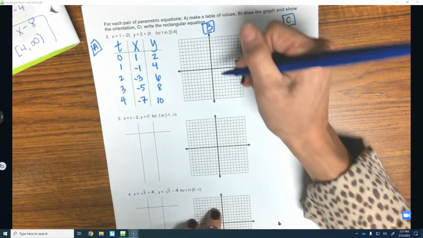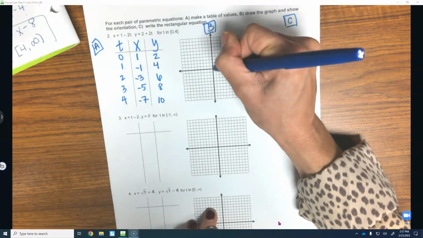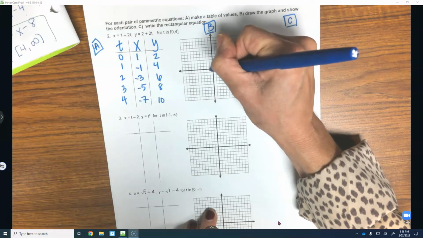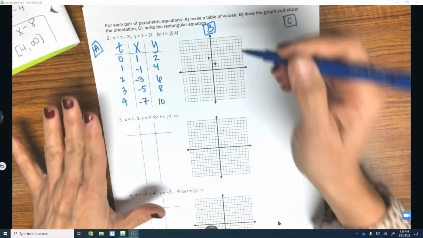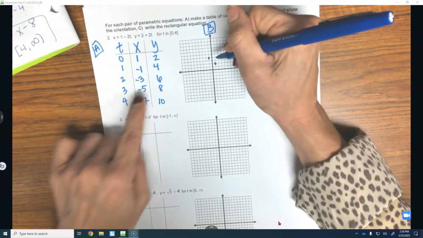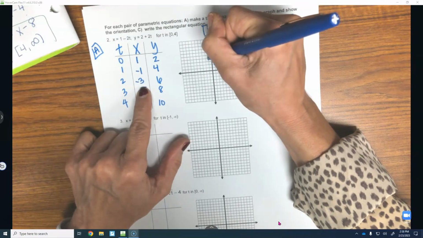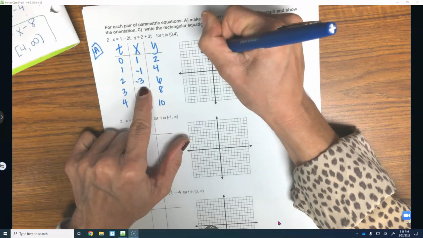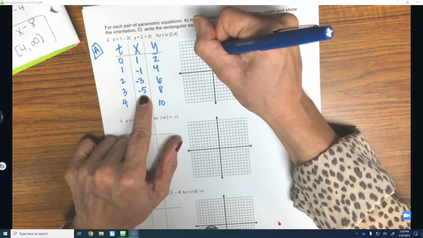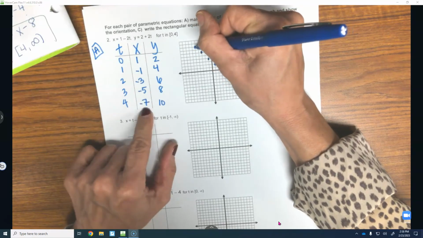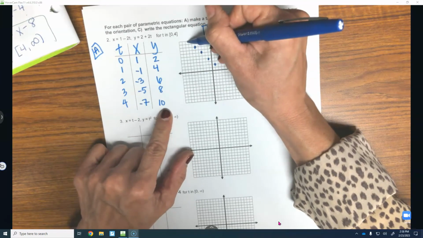So when I plot +1, +2, it's going to be right here. -1, +4. And then we're going to have -3, +6. And then -5, +8. So there's -3, -4, -5, +8. And then -7. So there's -5, -6, -7, all the way up at the top.